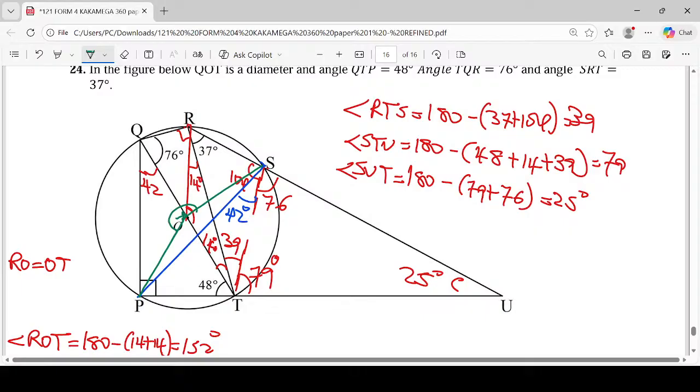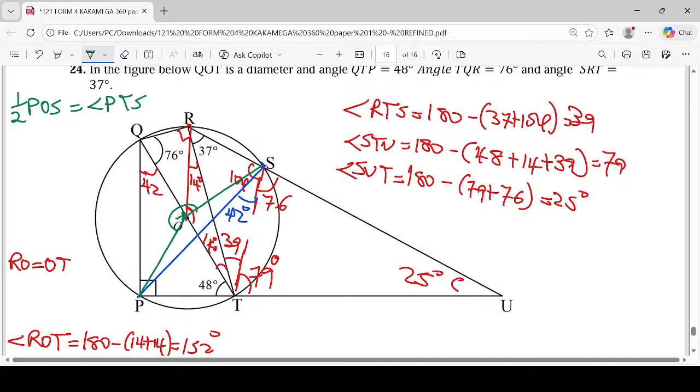So for us to get that angle, first of all, you have to understand that a half of angle POS should be equal to PTS.